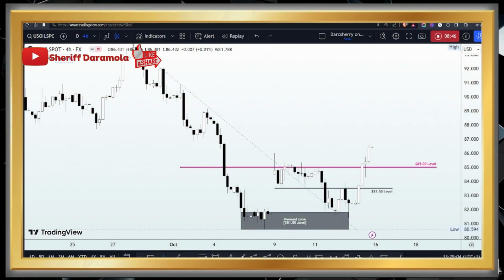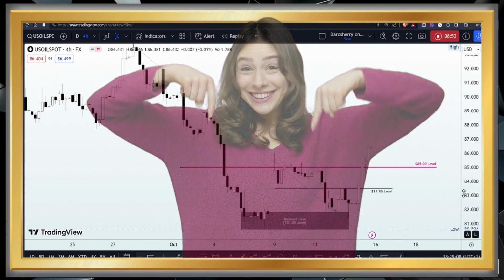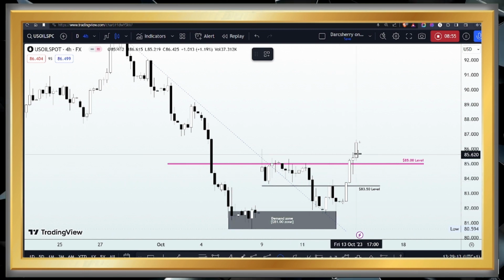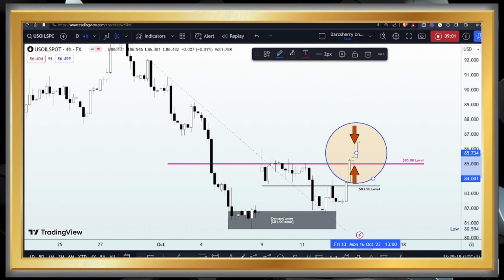But trust me, I will be with you in the comment section at the beginning of the week, after monitoring how participants in the market will be reacting to the structure around this area during the early hours of the week, to give you an update on what I think will happen going forward.